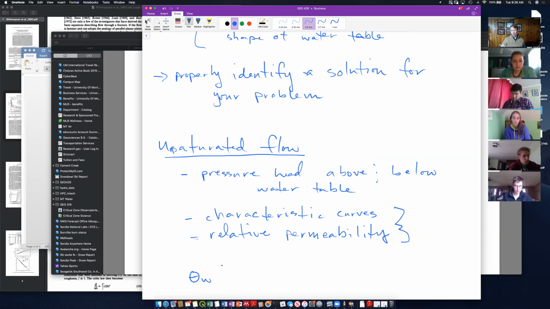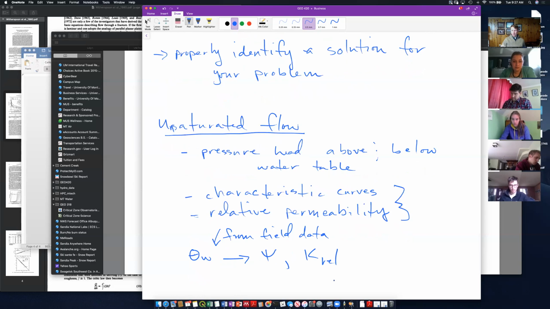Well, first of all, I might expect you to calculate this from field data, and then be able to back out psi and relative conductivity. I might expect you to calculate unsaturated flux.